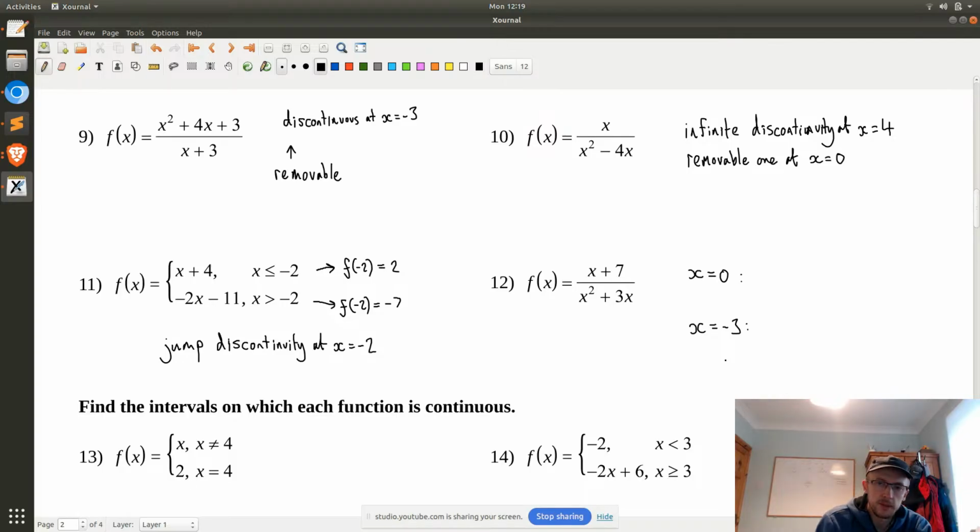So they're approaching from opposite sides. So it's an infinite discontinuity.